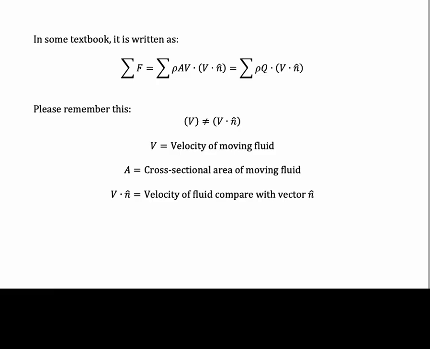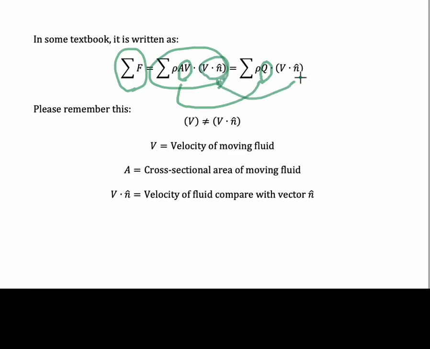Folks, the momentum equation is written like this. The sigma F, the total amount of force, is equal to the reaction according to the momentum of the fluid. So it can be written as sigma rho AV and Vn, because AV here is actually equal to the flow rate. However, the Vn here refers to the velocity according to the n vector.